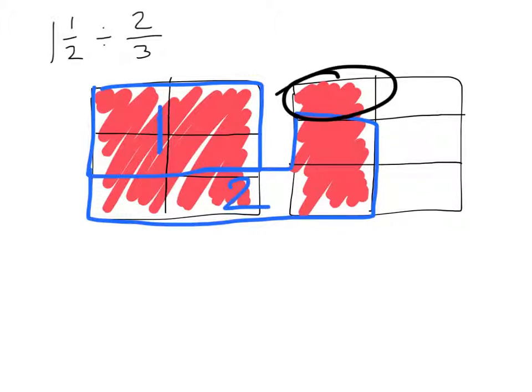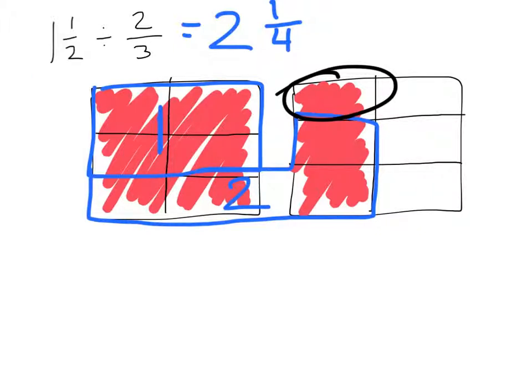So I've got 2 and some other part. I've got 1 out of how many? Well, how many made up a full set? 1, 2, 3, 4. So my denominator is 4. So 2 1/4 sets of 2/3 can be made from a total of 1 1/2.